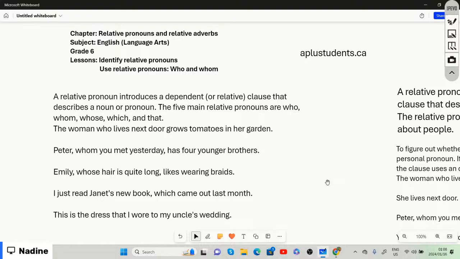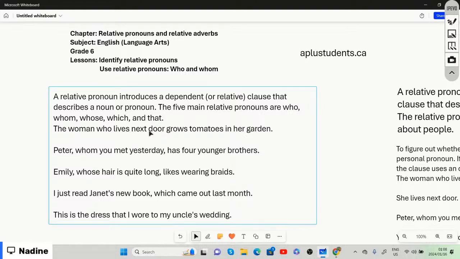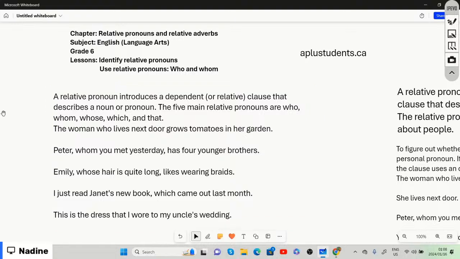All right, so if we look at the example, it says the woman who lives next door grows tomatoes in her garden.